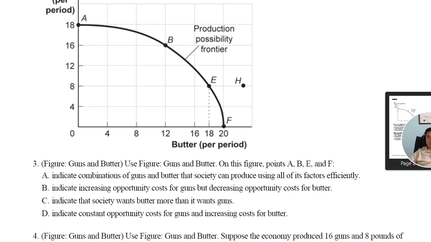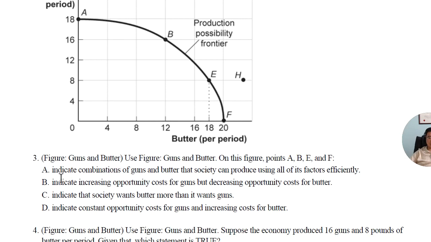So let's look at the choices. A, indicate combinations of guns and butter that a society can produce using all of its factors efficiently. Okay. B, indicates increasing opportunity costs for guns but decreasing opportunity costs for butter.